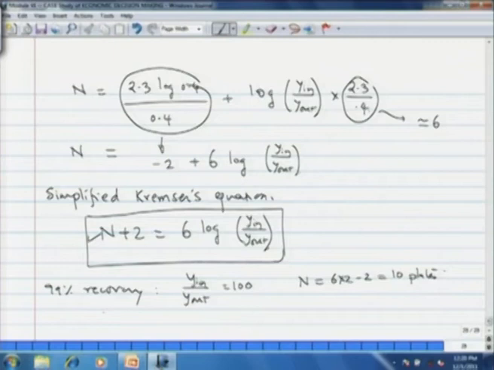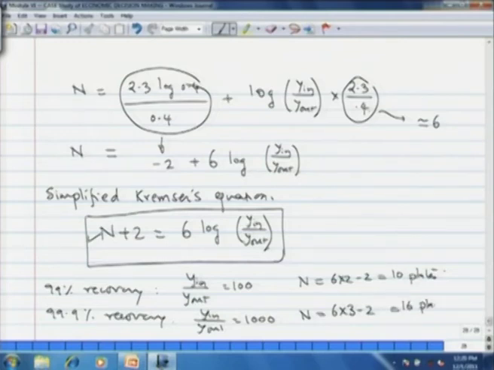For 99.9% recovery, Y in by Y out will be equal to 1000. So, N will be equal to 6 into 3 minus 2, that is 16 trays or 16 plates.